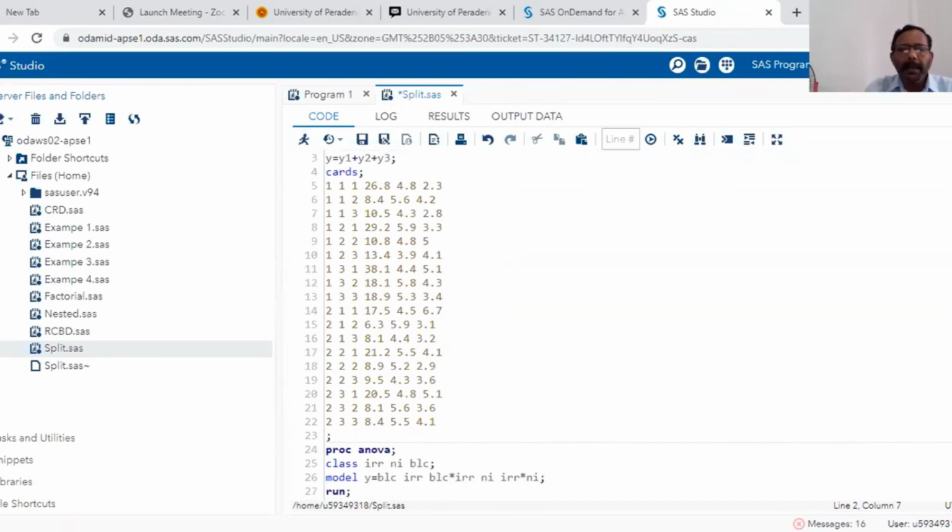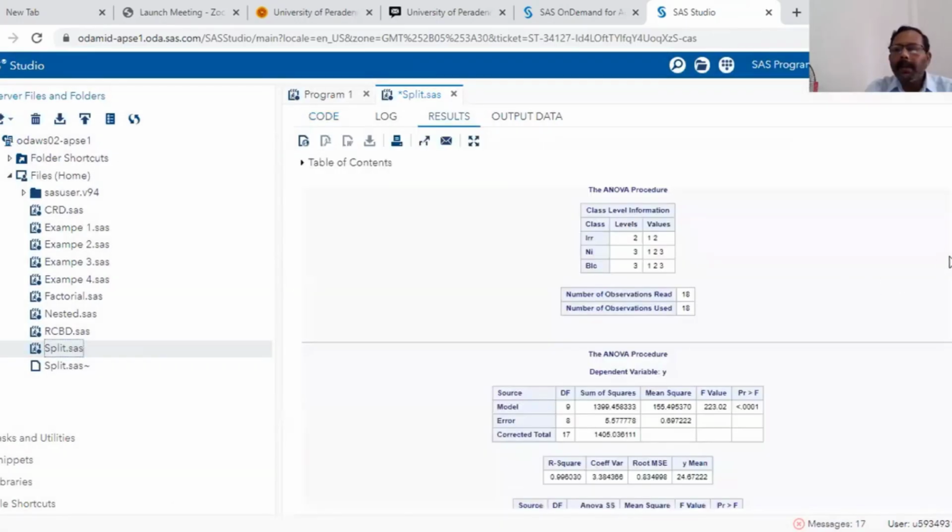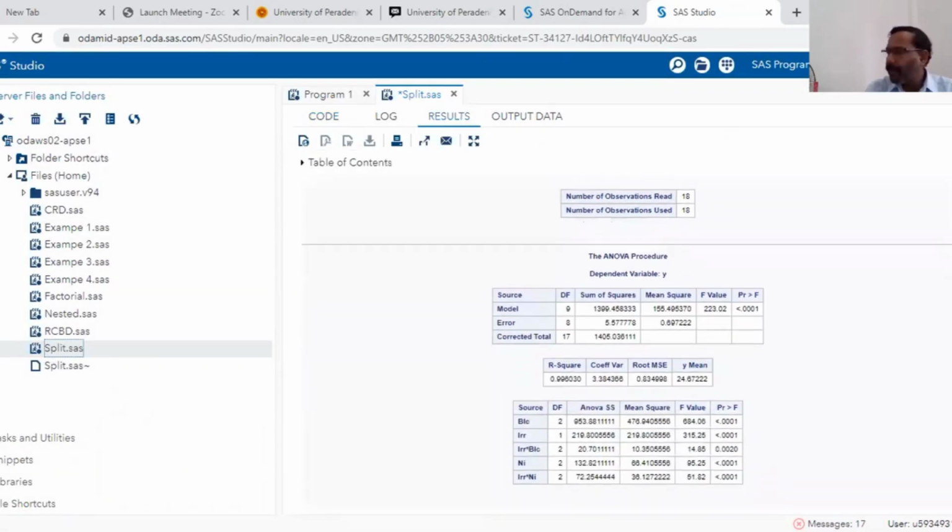For example, I just did this. I'm going to run this and see. You see now the results are given for y, not for yield. Y, where it has added all the y1, y2, y3 as an example.